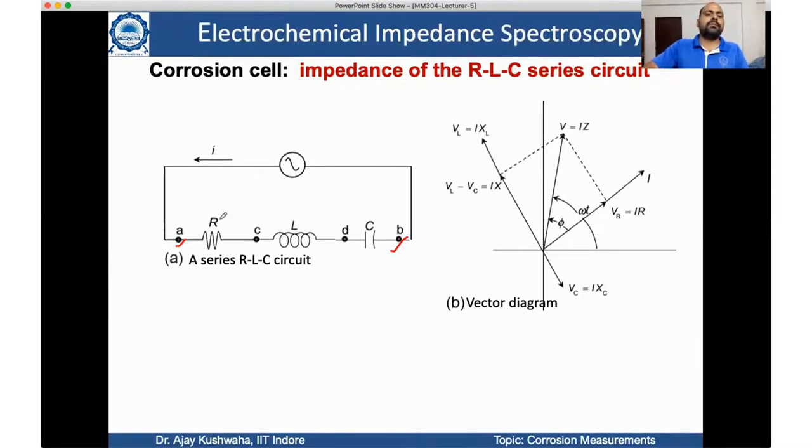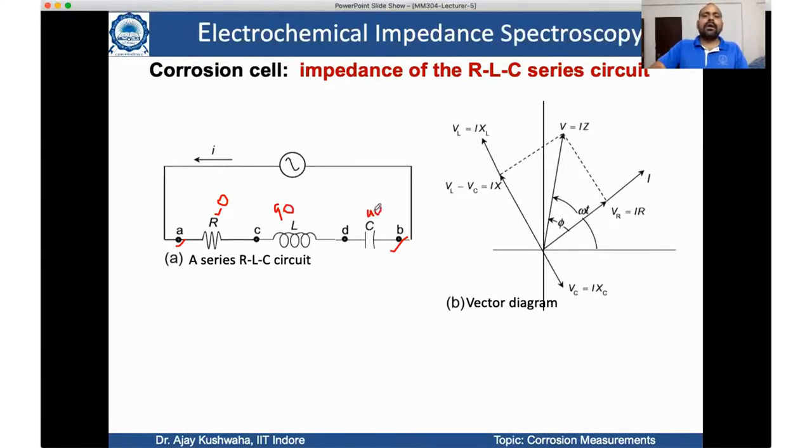Then if you remember, if you think about the value of theta, in the first case it is 0. In this case it is 90 degrees, right? So if you remember, the current is lagging here. In the case of C, the current is ahead of the voltage.